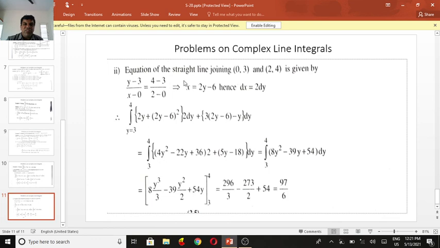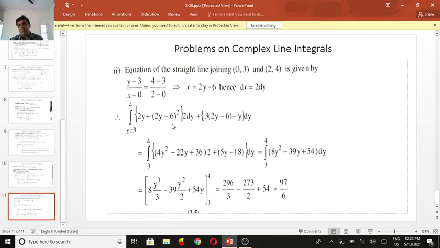Hence, if we differentiate, we get dx equal to 2 dy. Also, y varies from 3 to 4. So replace x by 2y minus 6. Simplifying, y varies from 3 to 4, (2y plus (2y minus 6) whole square) times 2 dy plus 3(2y minus 6) minus y dy.